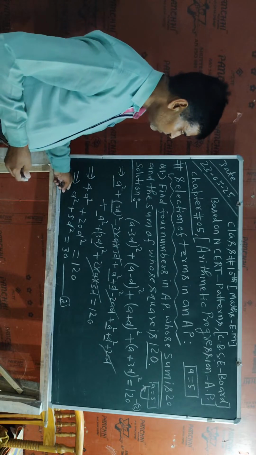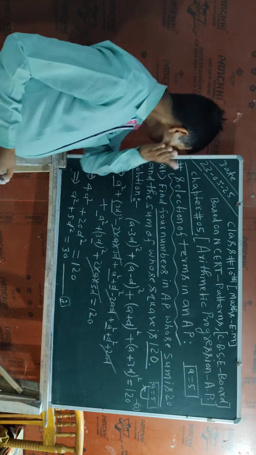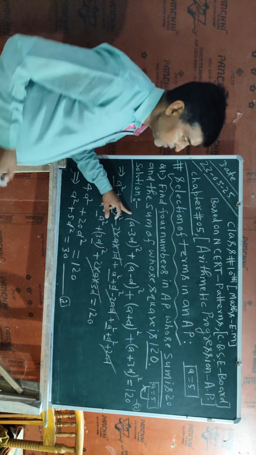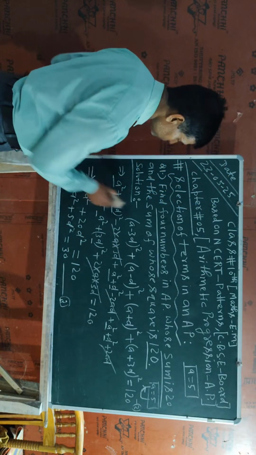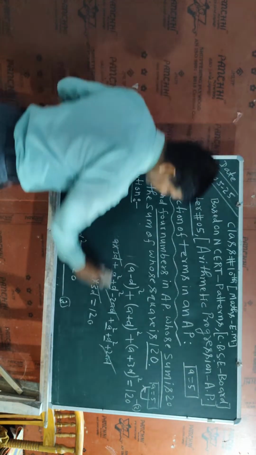Now I will write one statement, and that statement will be such that putting the value of a in equation third we get. Now the above data I am going to delete, and after deleting I will write the statement positively.